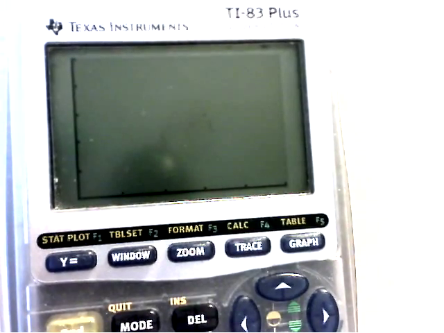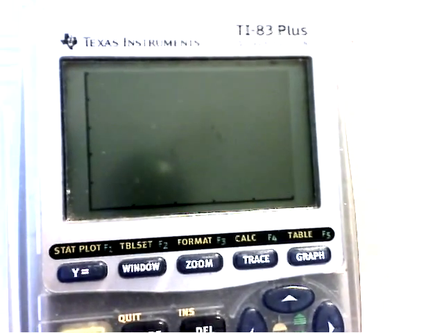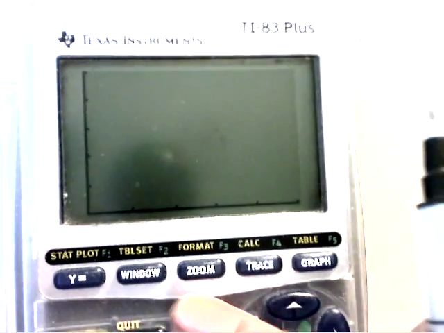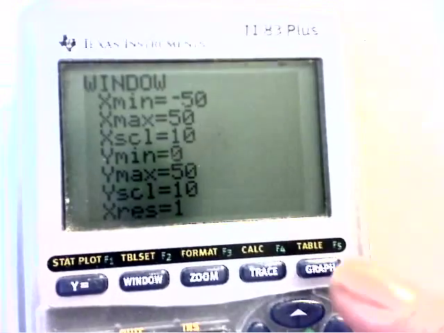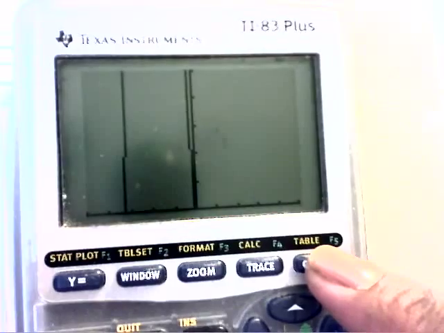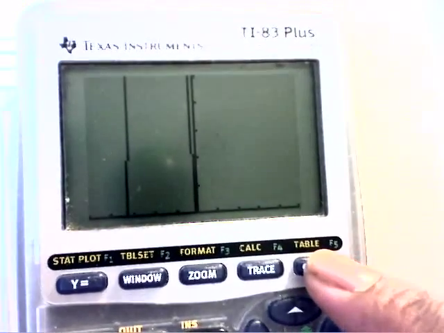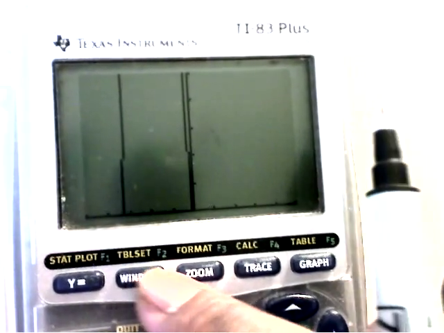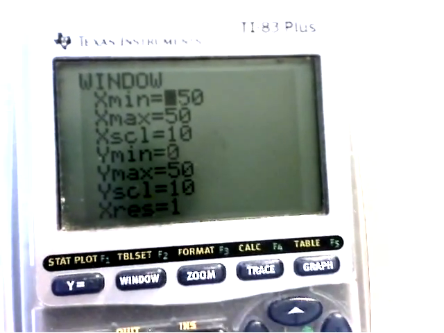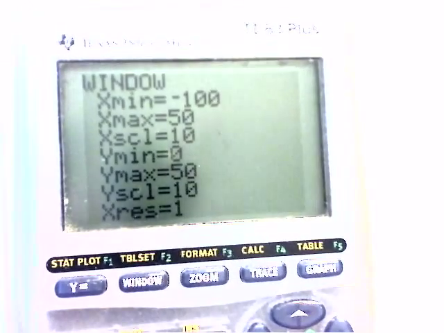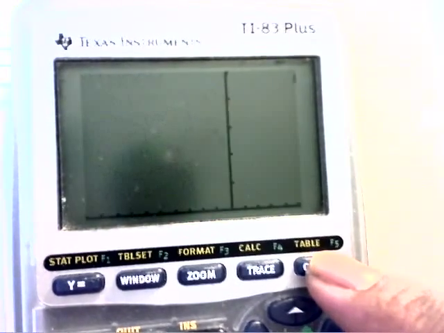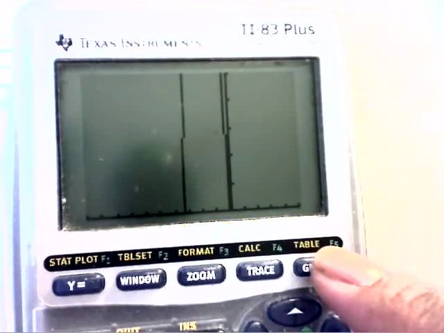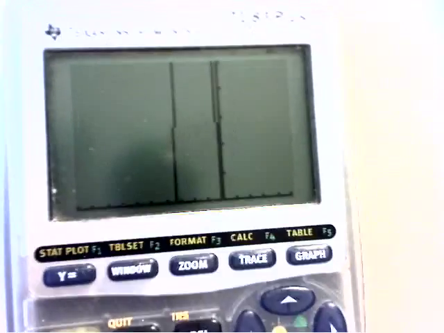Okay. Well, there's no luck there, so let's play around from negative 50. Okay, if I try negative 100, okay, that won't work.